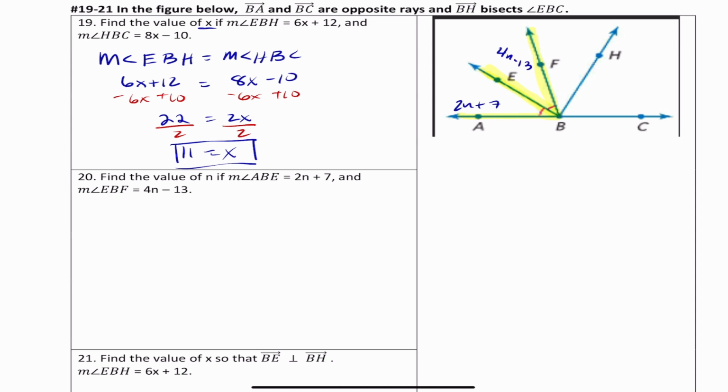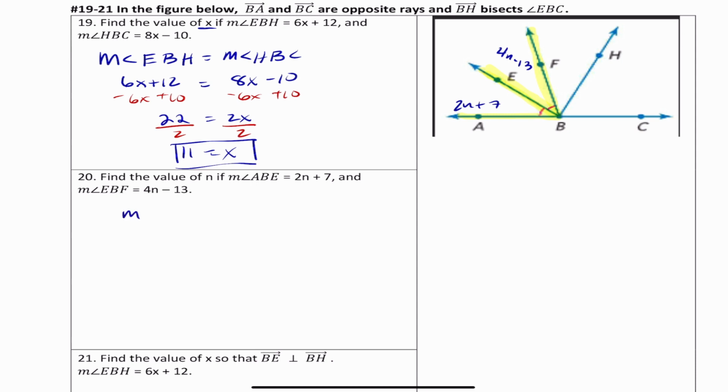And we can assume that these angles are congruent because there's arcs there, and that means that they're congruent. One arc here and one arc there, they're congruent. Even though it doesn't say right here, we can still assume based on the picture.